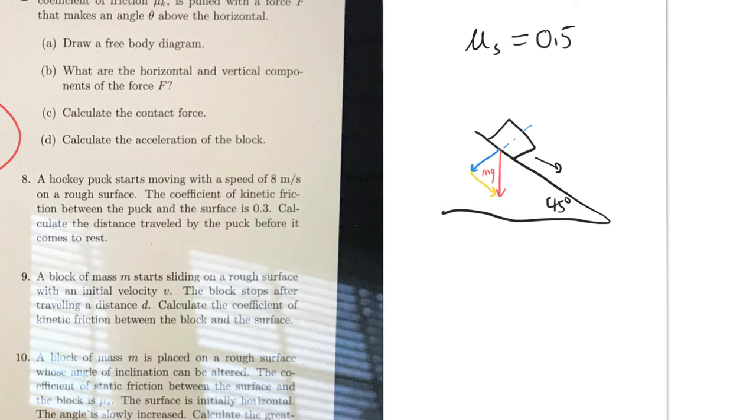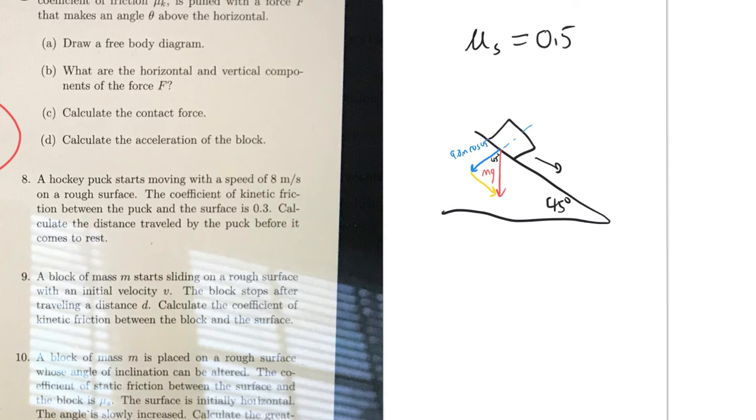It is the case that that's 45 in there, 45 degrees. So this normal force situation is 9.8 times m, because that's mg, times cosine of 45.